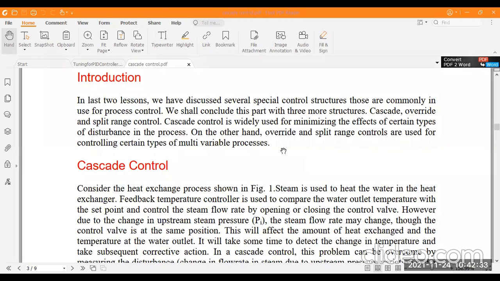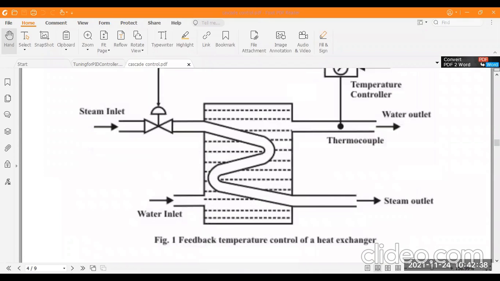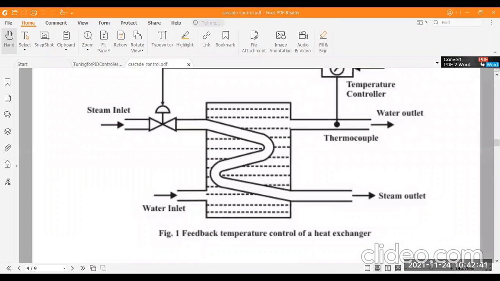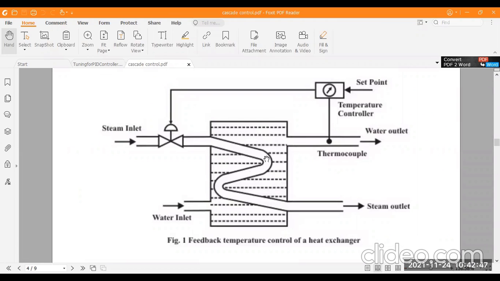In this cascade controller, a number of control loops are applied. In this block diagram, you can see a little bit of the idea. This is a heat exchanger system, basically a heat chamber, and here we have two inlets. First is the water inlet, that is cold or normal water that we input here. Another is the steam inlet, at a certain temperature that we select from the set point.